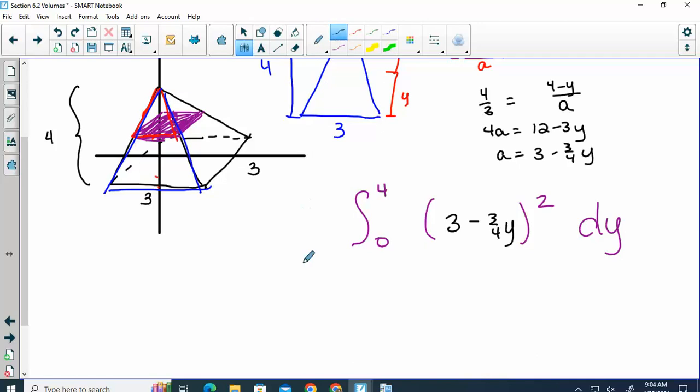So if I were going to integrate this, what should we do first? Let me multiply it out. That would give me a 9, minus 9/4 and minus 9/4, so minus 9 halves y, plus 9 over 16 y squared.